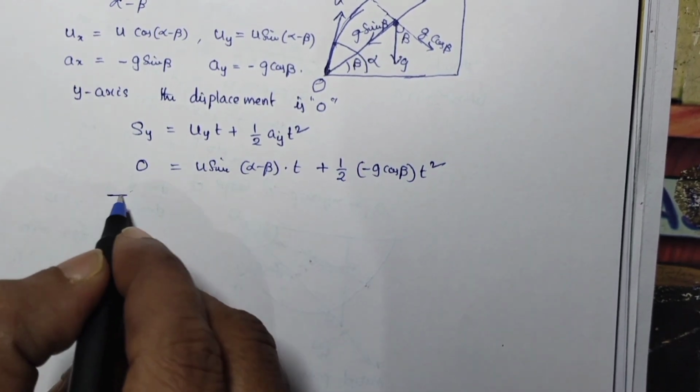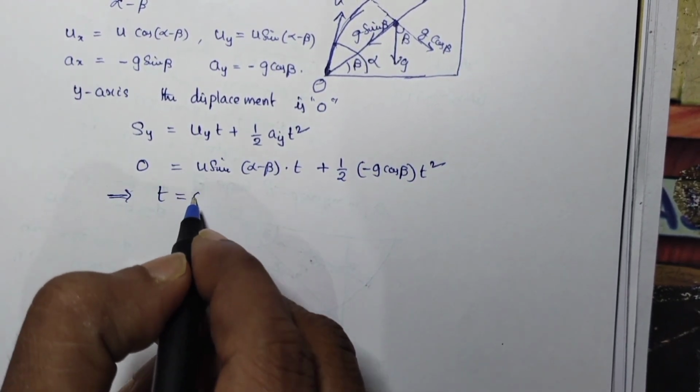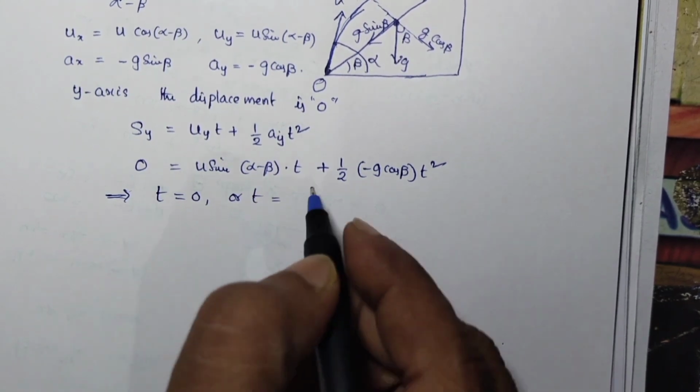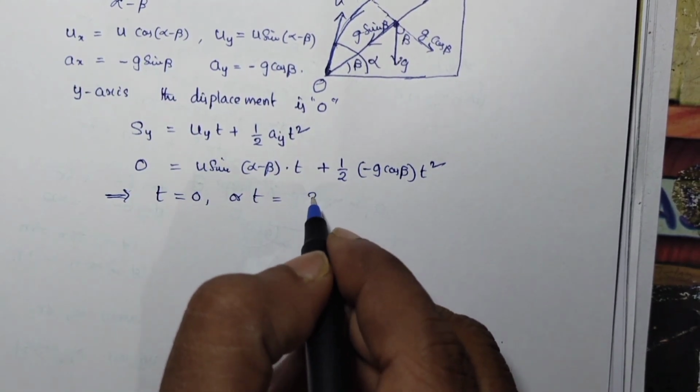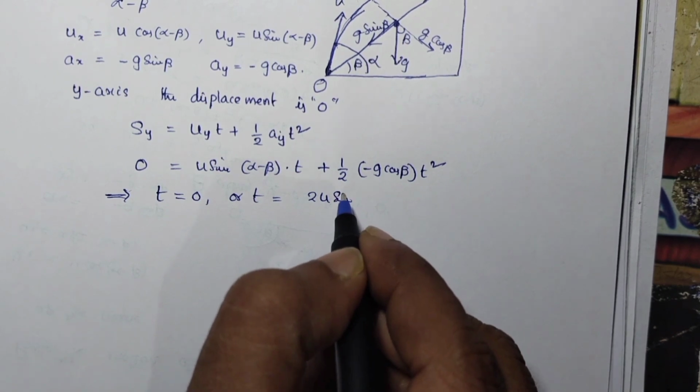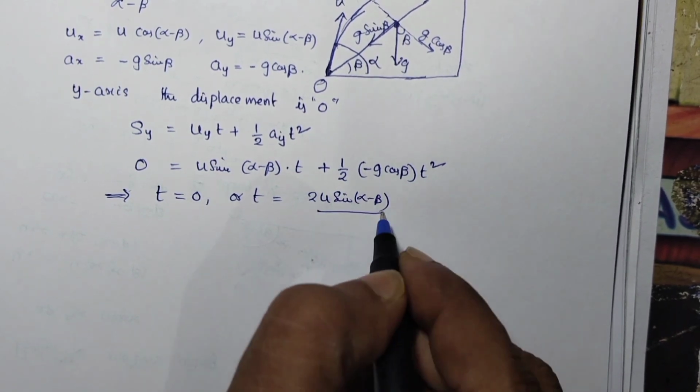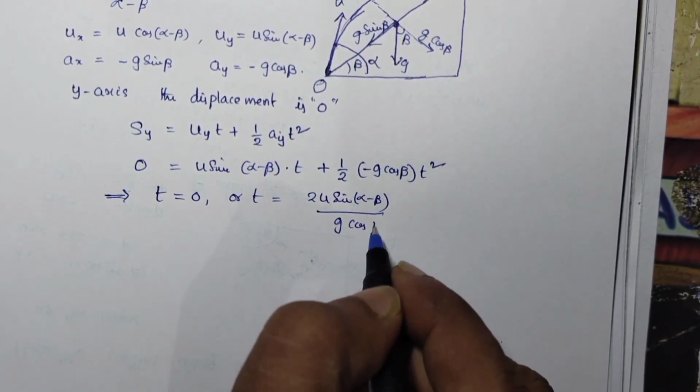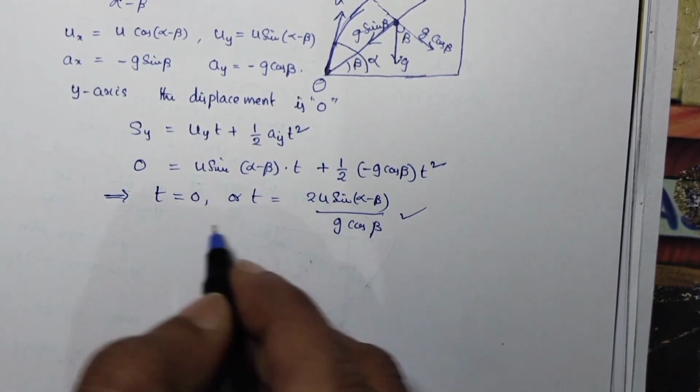If you simplify this equation, t is equal to 0 or t is equal to 2u sin(alpha minus beta) by g cos beta. This is the time of flight.